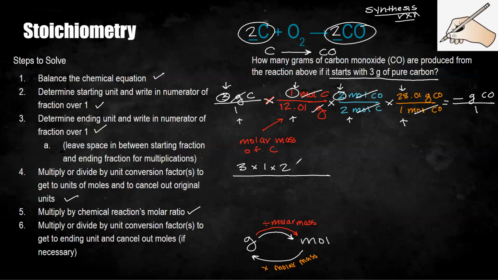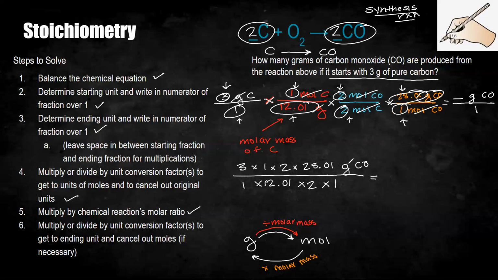Got these in the numerator times 28.01. Extend that a little bit. And the only unit left I have is grams of carbon monoxide. So I'm going to add that unit in there as well. And on the denominator, I've got a 1 times a 12.01 times 2 times 1.